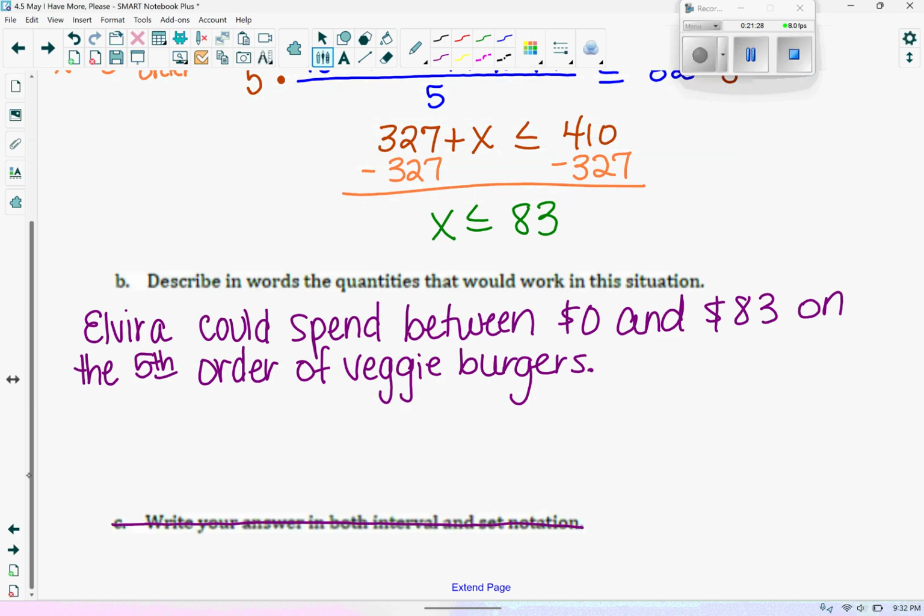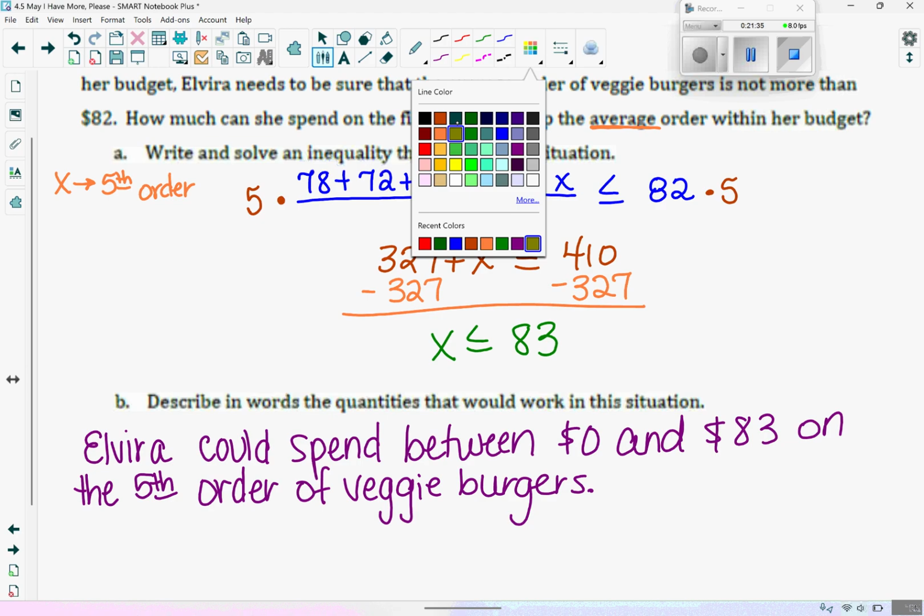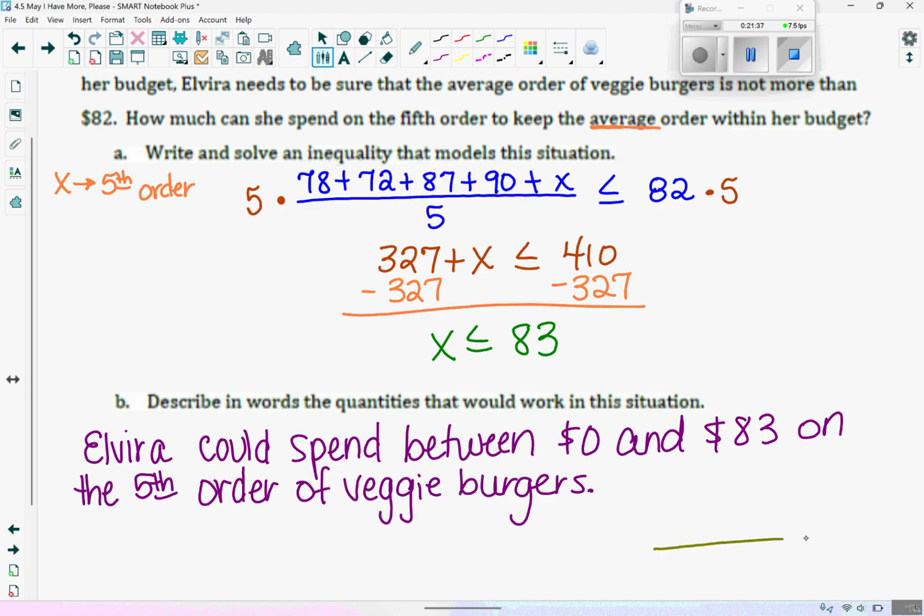We're not worried about number line here. I will tell you though, now that I've brought the number line up, for this number line, it would look like this right here. This would be 0, this would be 83, okay, and you would have a closed circle here, and here, and your line would be in between it.